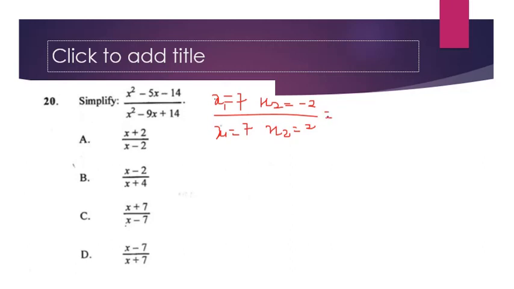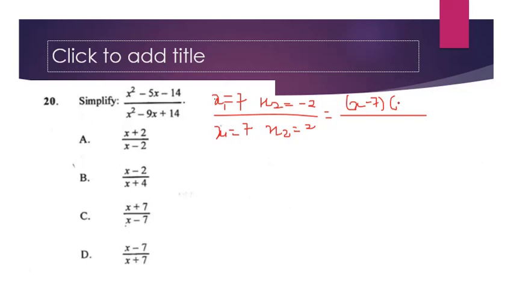Now again from the numerator, in order to bring this 7 to be x1, it will be x minus 7. Because x equals 7, you just move it across the equal to sign, you just have x minus 7. The same applies to x2.